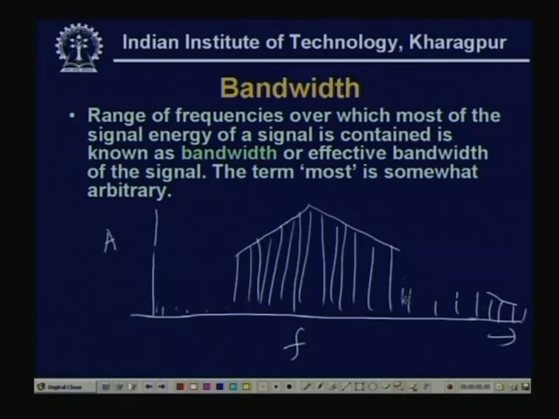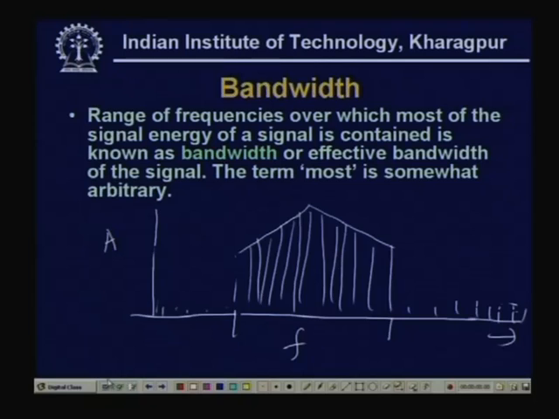If we remove these portions of the spectrum, then we can say this is the bandwidth. From this part to this part is the bandwidth of the signal. This is where the major part of the frequency components or energy is lying, so we call it the bandwidth of the signal.